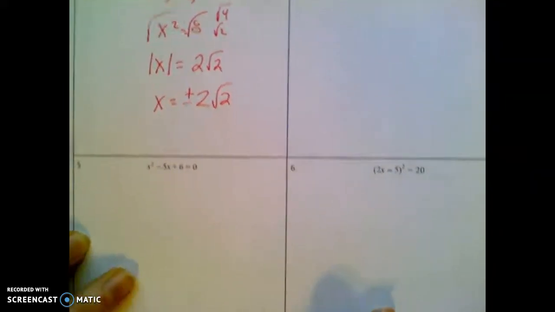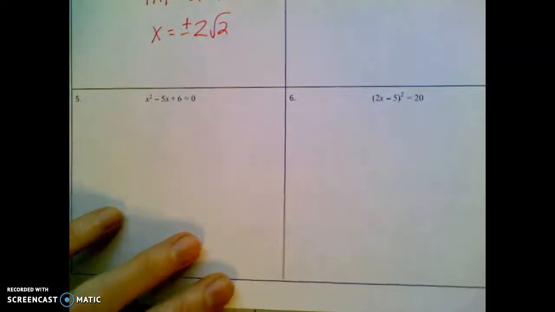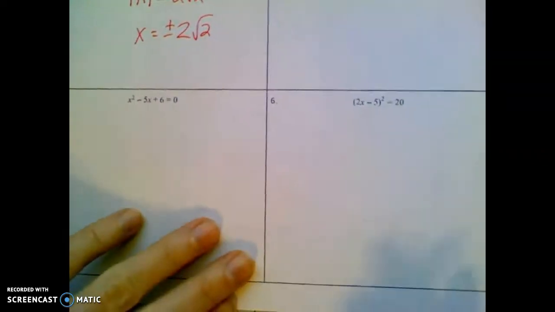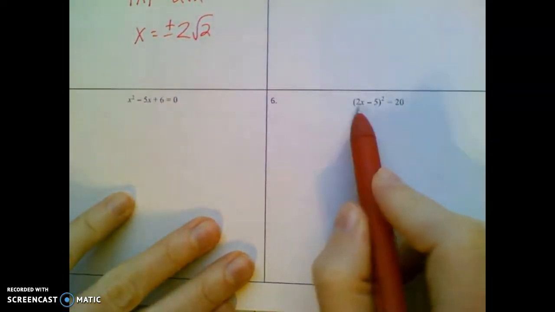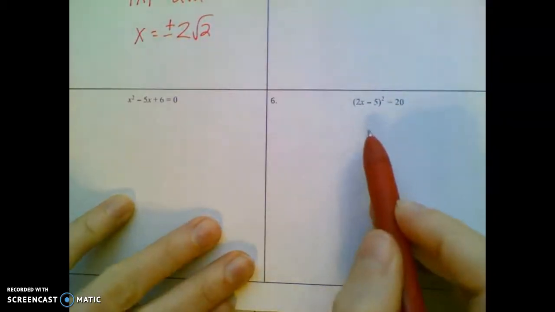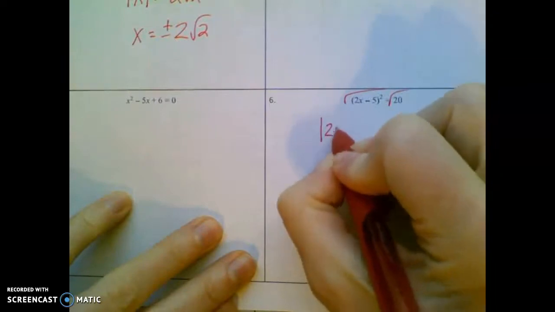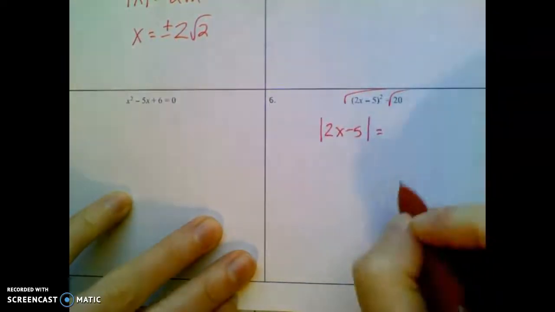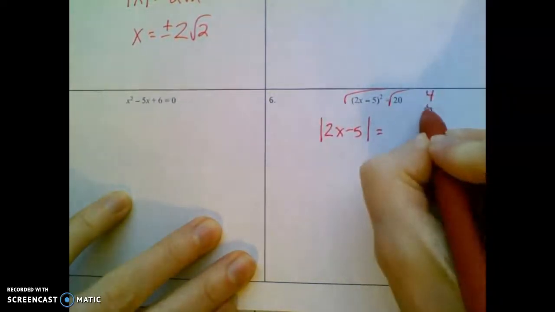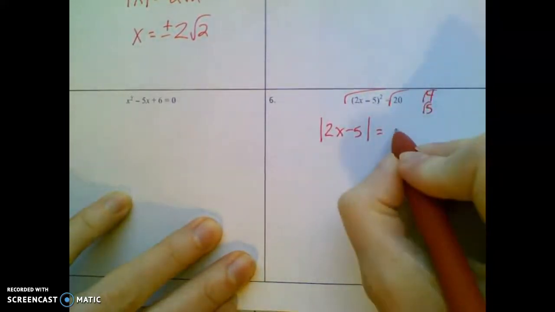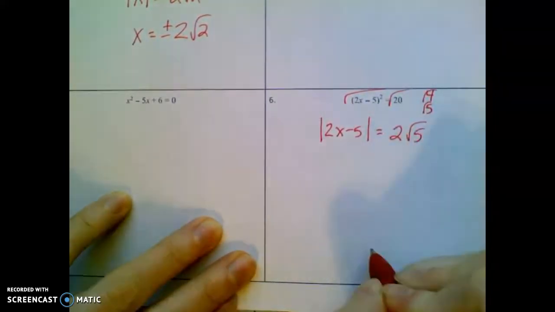While I'm at it, since I already identified this bottom one as square root method, I might as well go ahead and do it. So this guy is square root because he's parentheses squared. That's the only method you actually can use here. So I'm just going to go ahead and square root, square root. I'm going to get absolute 2x minus 5 equals square root of 20, which is 4 times 5. So square root of 4 is 2, square root of 5 is the same thing.